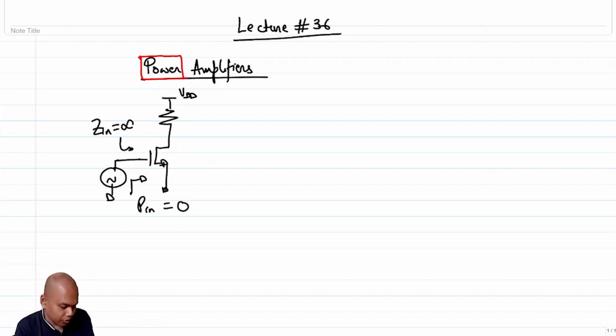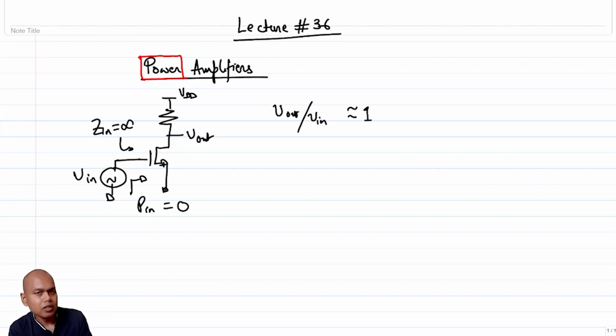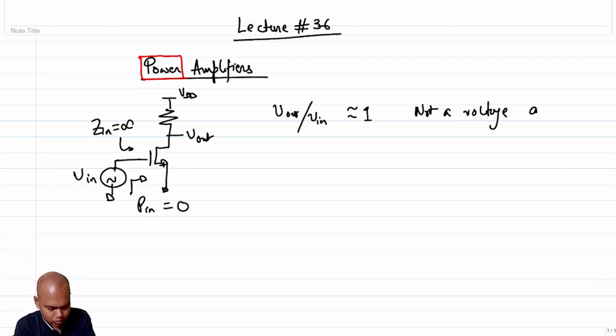And let's say I know that V out over V in, small signal, I am not showing the bias, is approximately equal to 1. So is this a voltage amplifier? Clearly not. But what is the power out?